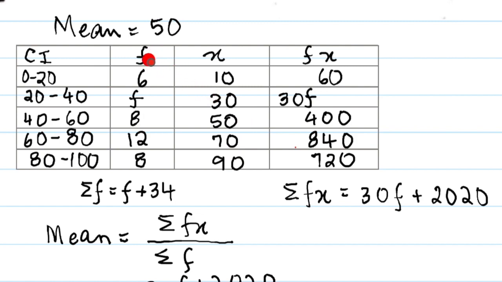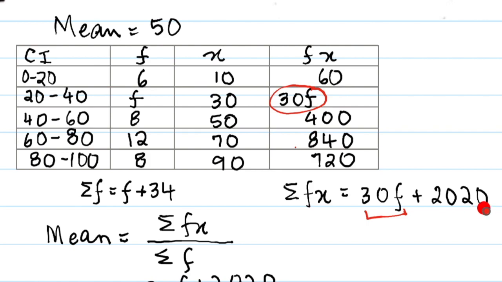So we have f value here, x value here, and we find fx, that is 6 into 10, 60, f into 30, 30f, 8 into 50, that is 400, 12 sevens are 84, so 840, 8 into 90, that is 720, and then we add fx, so we get sigma fx equal to 30f plus 2020.